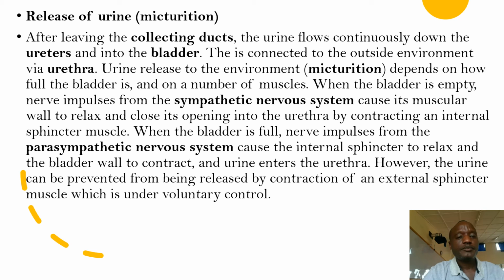Last but not least, let us also talk about how urine is released. After leaving the collecting duct, the urine flows continuously down the ureter and into the bladder. Then remember the bladder is connected to the outside environment via the urethra.